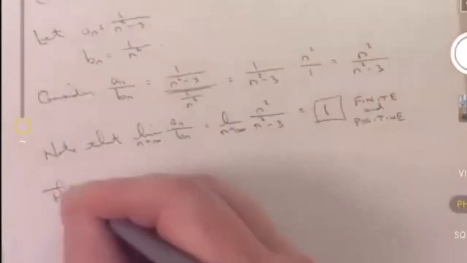So what this means is that for large n, An over Bn is about equal to this finite and positive number, 1 in this case.